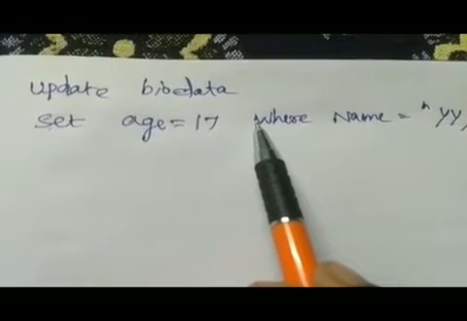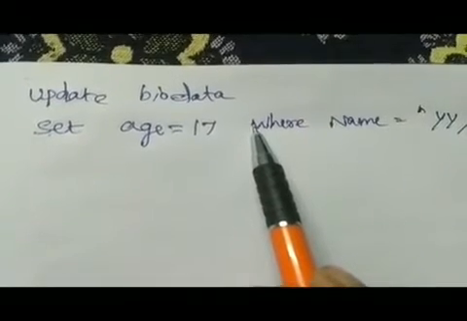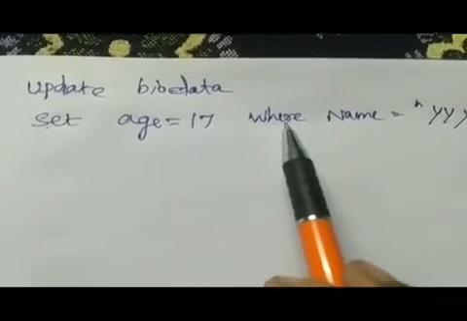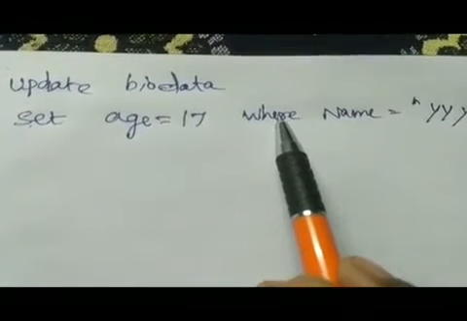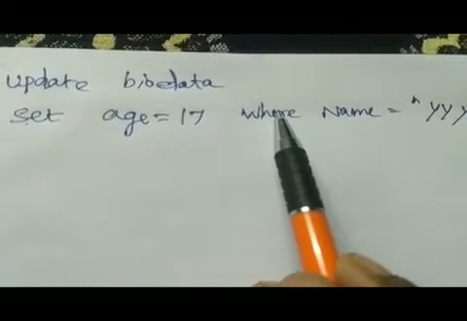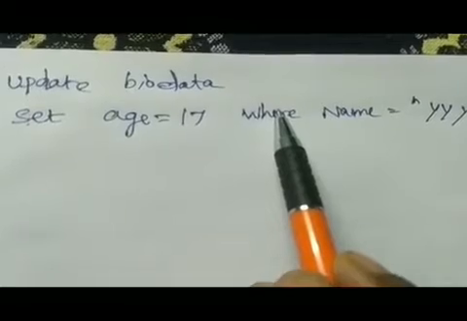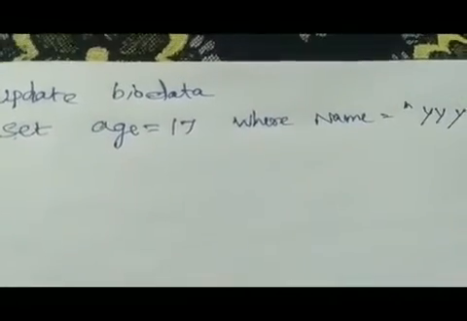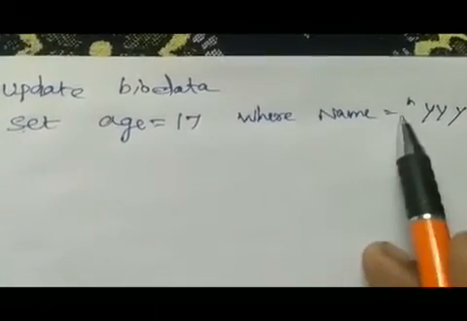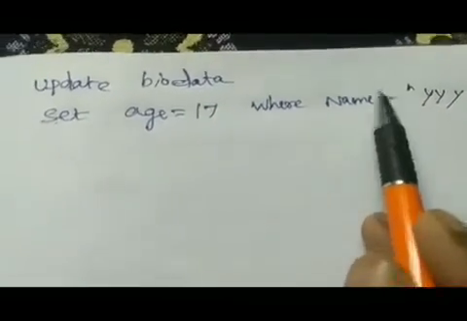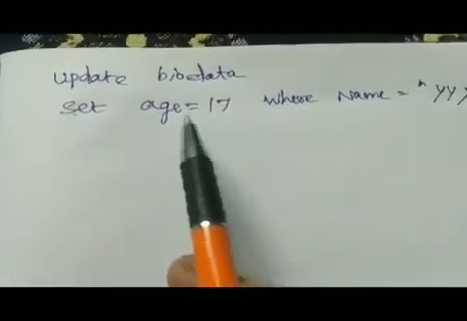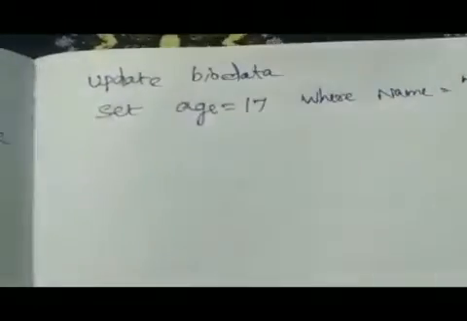So listen carefully. Where is a clause which is used to specify a particular condition, based on which the data is retrieved or modified as per the query. So if we want to select a particular record, we must specify some condition. According to the condition, some records are derived and the changes are performed.